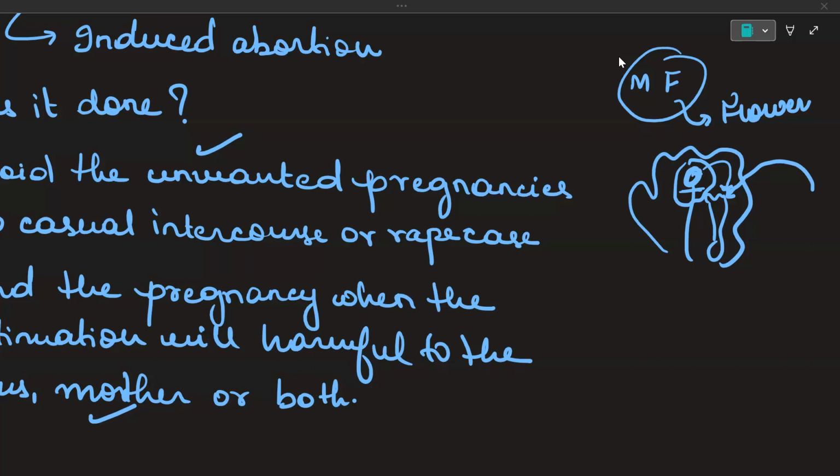Now another question: most of the aquatic plants, meaning the plants that live in water, are pollinated by dash. By what?